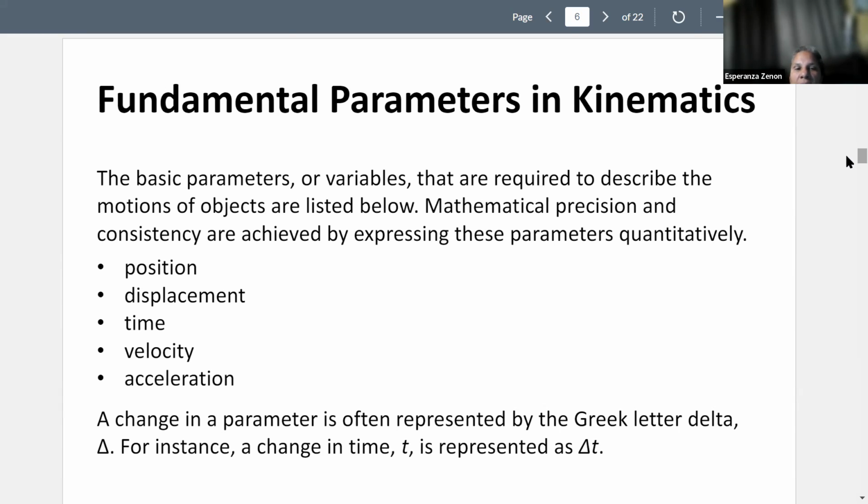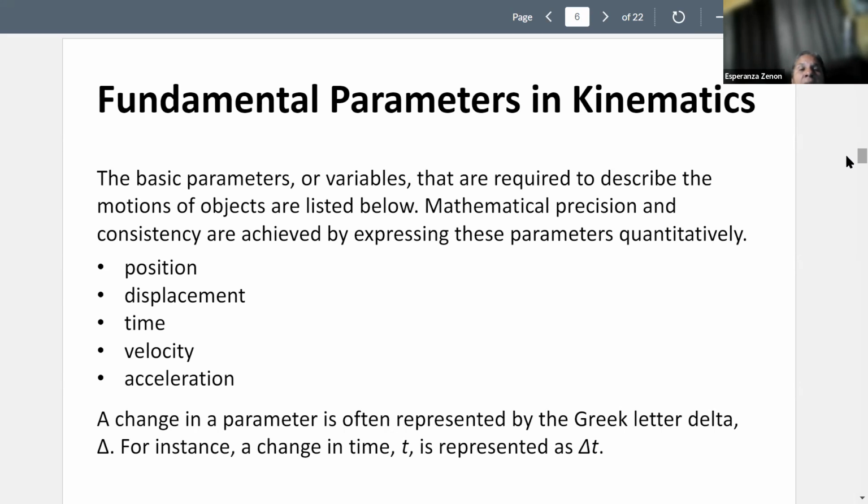All right. And so if we're going to give a kinematics description, some of the properties that we want to investigate quantitatively are things like position, displacement, time, velocity, acceleration, distance, speed. Those are things that we want to be able to express quantitatively for our moving object, because if we can express those properties, quantities, then we have given a kinematic description of our moving object.